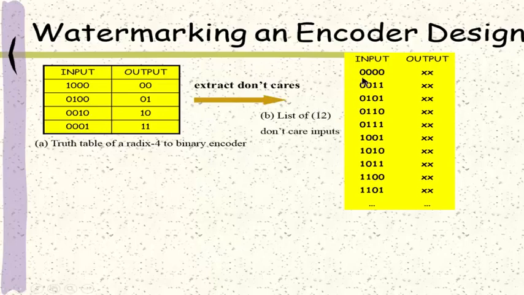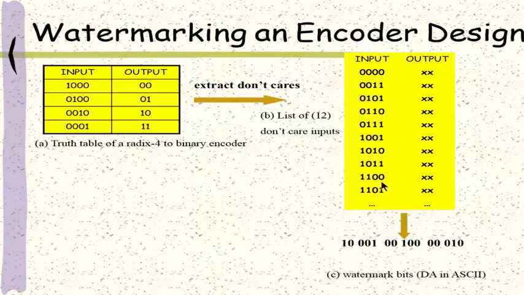And we listed them there numerically, starting from 0000 all the way to 1111. And the output in all these cases are don't cares, which are represented by this double cross. And assume that we want to add a 2-letter word, DA, as our watermark.